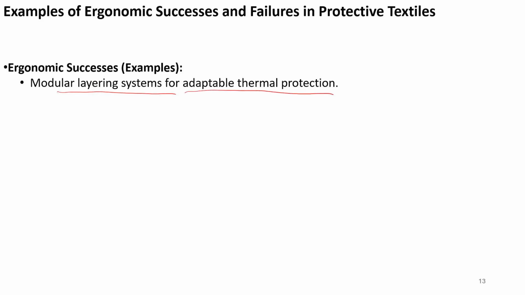These are created depending on the thermal level. If there is a higher threat we add a certain layer, and when the threat is not there we just remove that layer. So, that is a modular layering system.